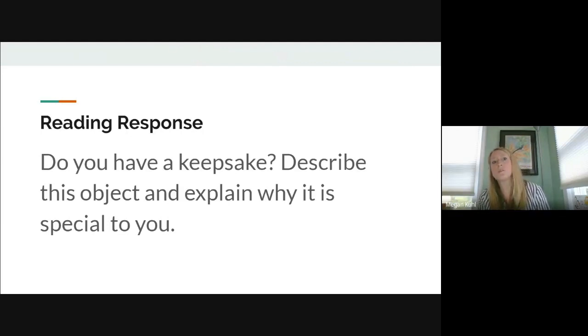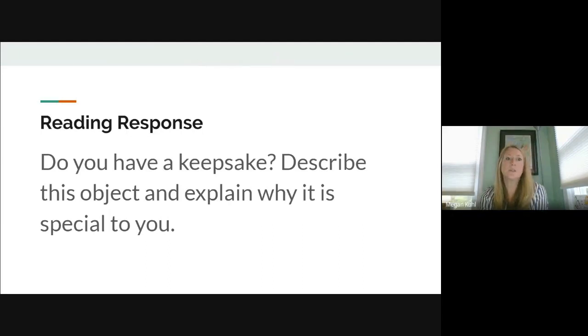I'd like you to describe this object and explain why it is special to you. I have special keepsakes from trips that I've been on that help me to remember special times with my family. So it could be something like that or something that was given to you. But think of something that is a keepsake that is very special to you.